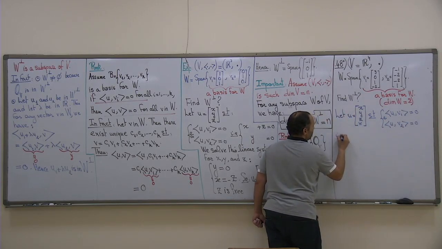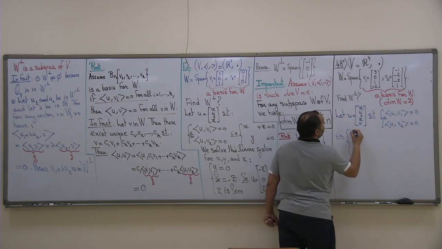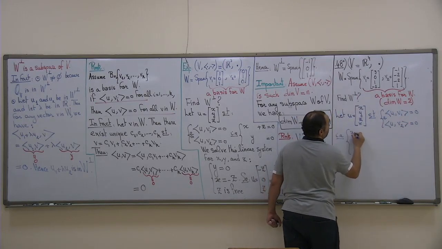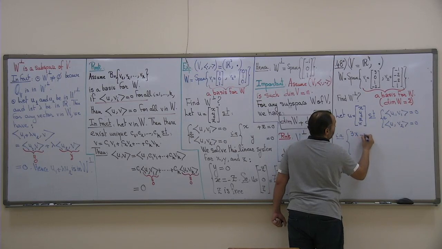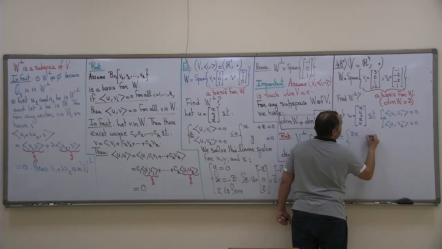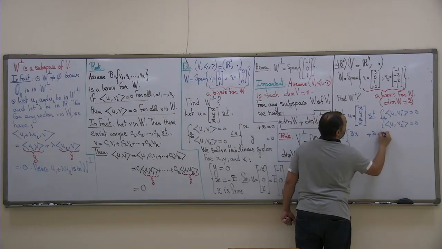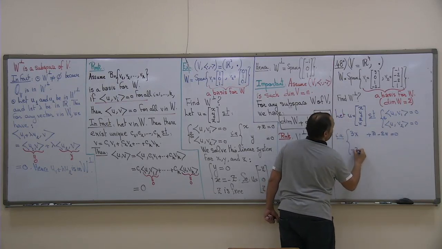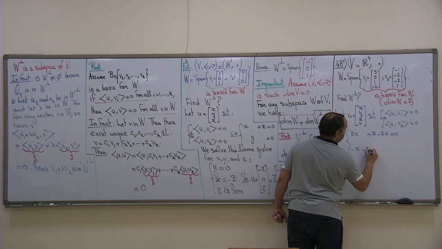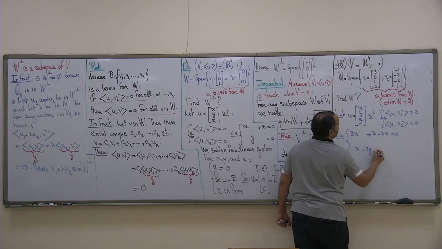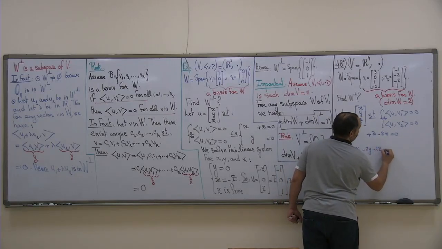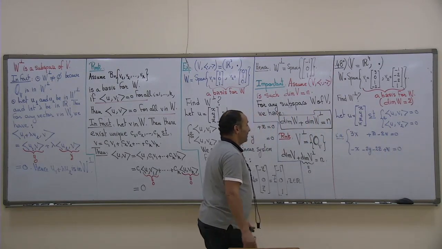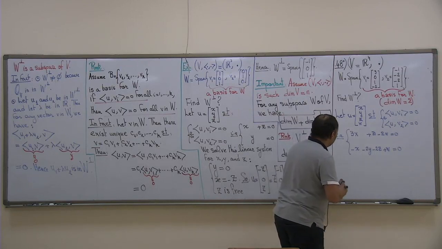This is equivalent to saying, with the usual dot product, 3x + z - 2w = 0, and -x - 2y - 2z + w = 0.